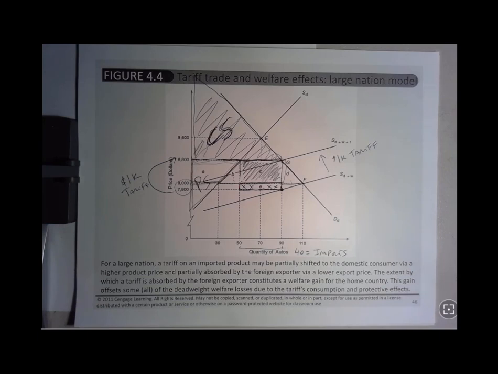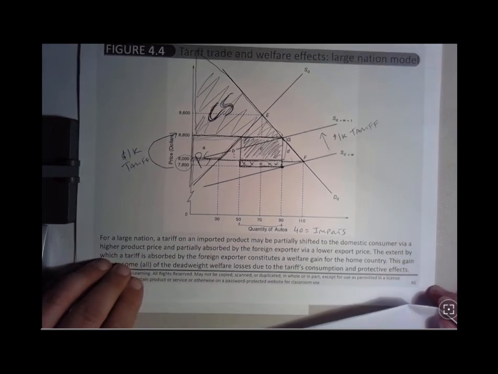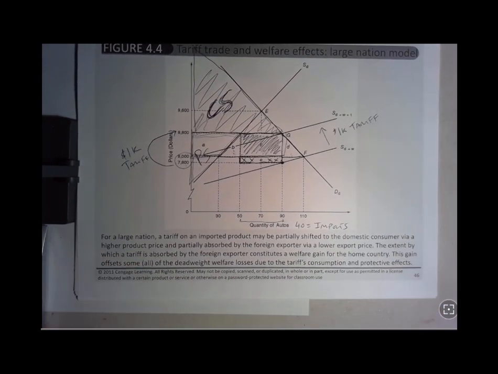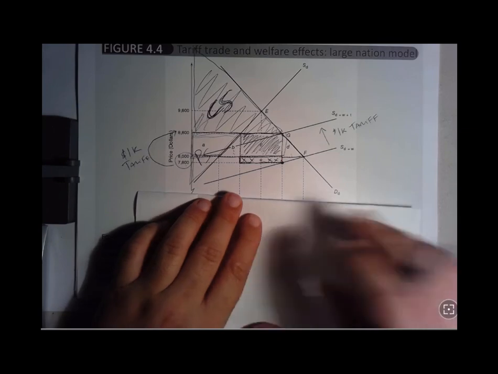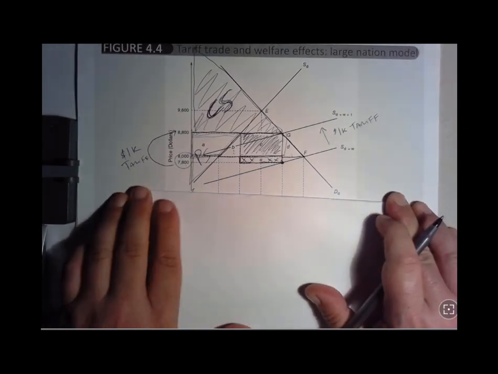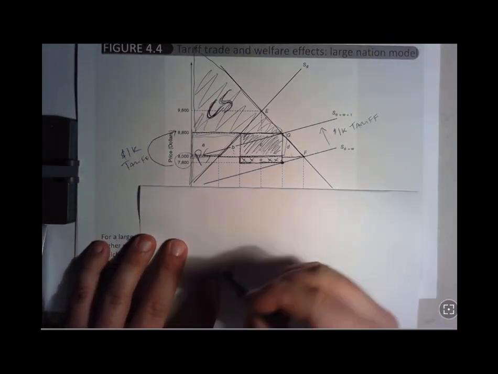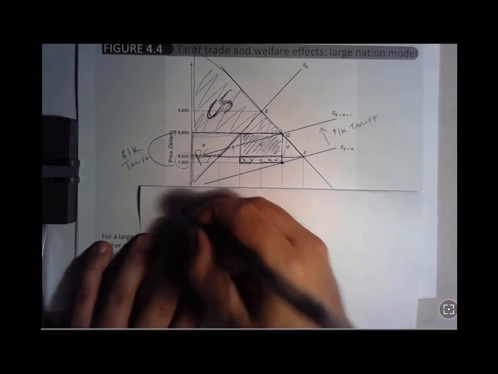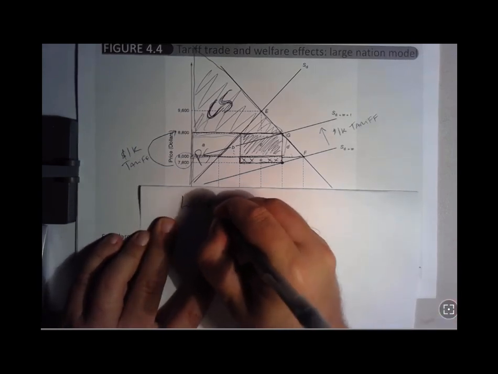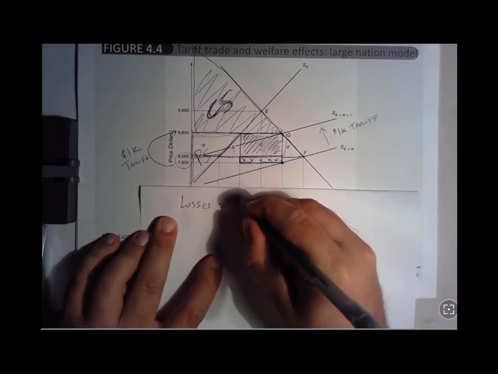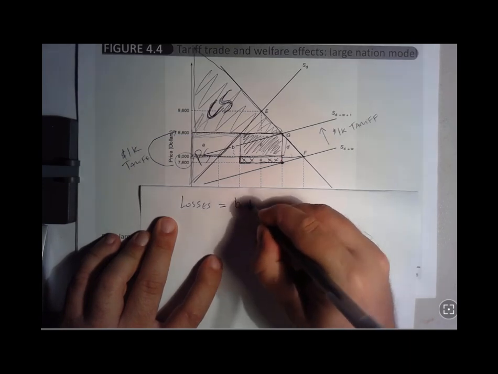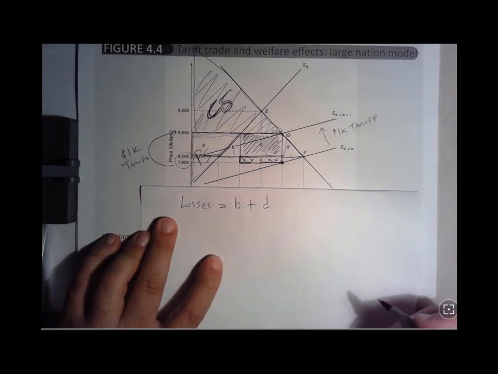So how can we assess the impact, the deadweight loss, of changing from a free open economy to one with protectionism, with a tariff? We have to quantify the losses, right? The losses are, like before, the protective effect plus the consumption effect.